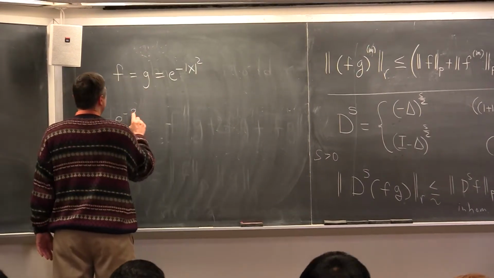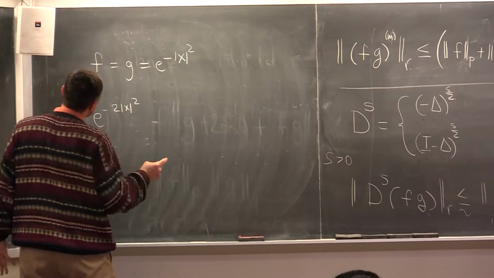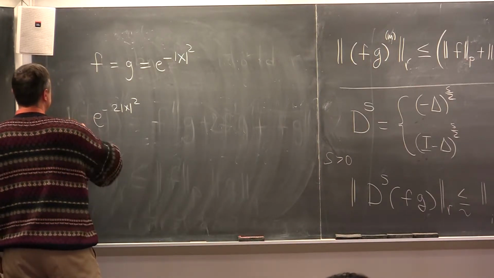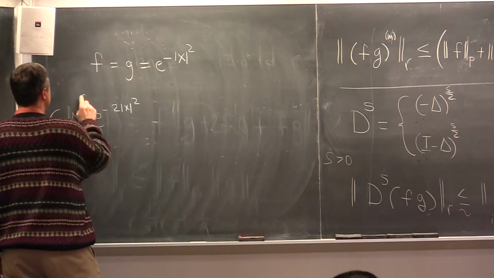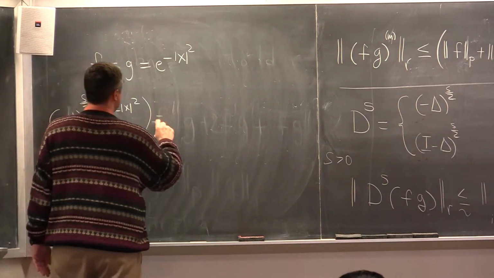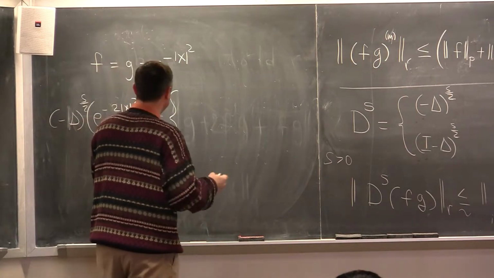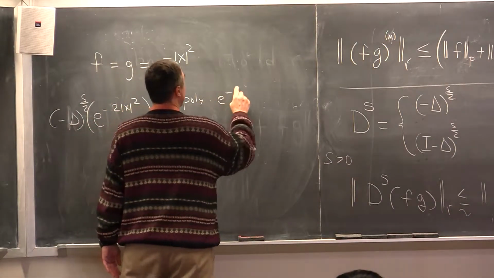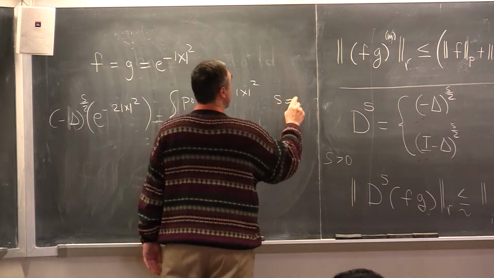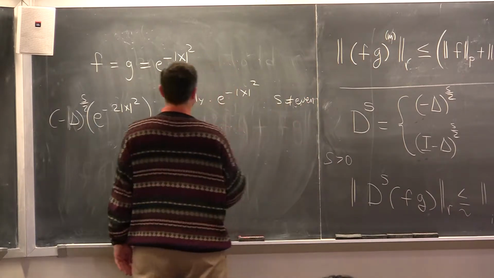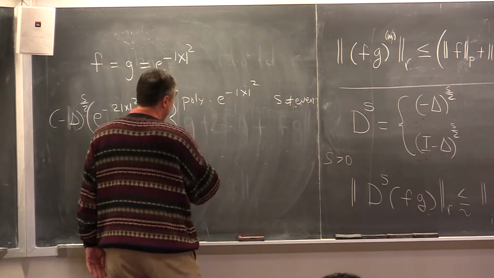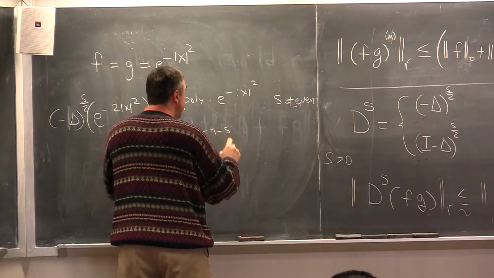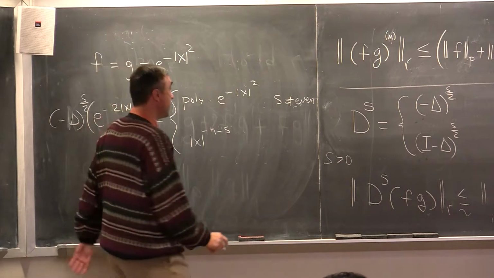And so if you compute the derivative, say, minus the Laplacian to the s over 2 of this function, there are going to be two cases. You're going to get a polynomial times the exponential if s is not even. But if s is an even integer, you're going to get some other function, harder to describe, but this other function has limited decay.